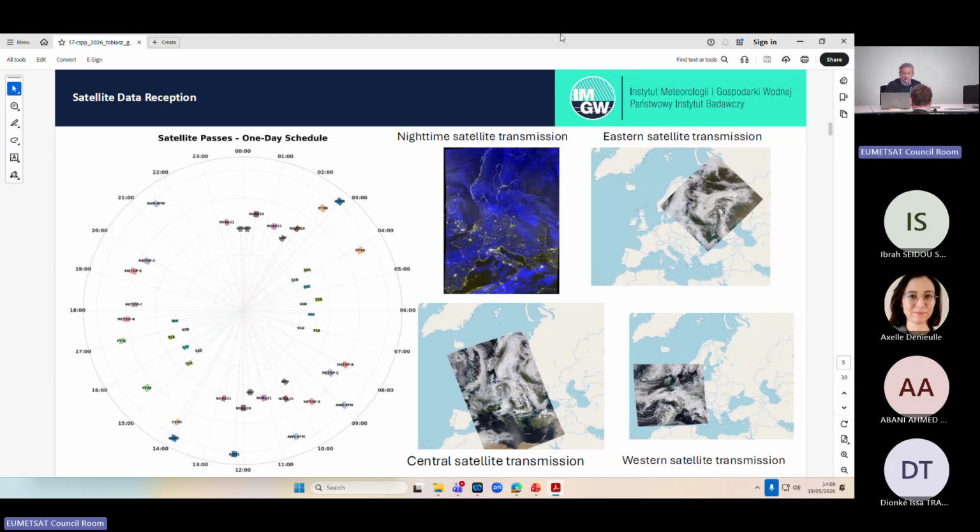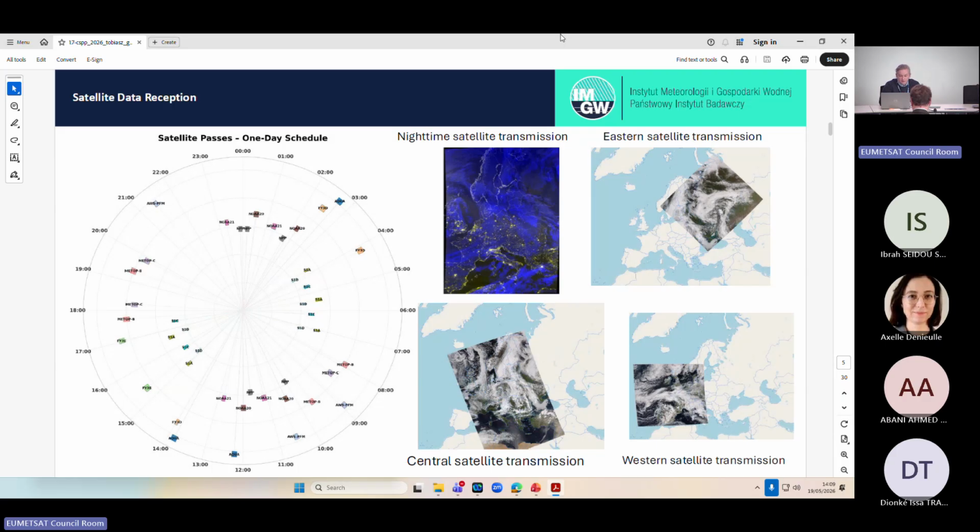How many satellites we receive, we can see on this graph. On the left, the satellite passes one-day schedule. We observe NOAA 20, NOAA 21 around 12.